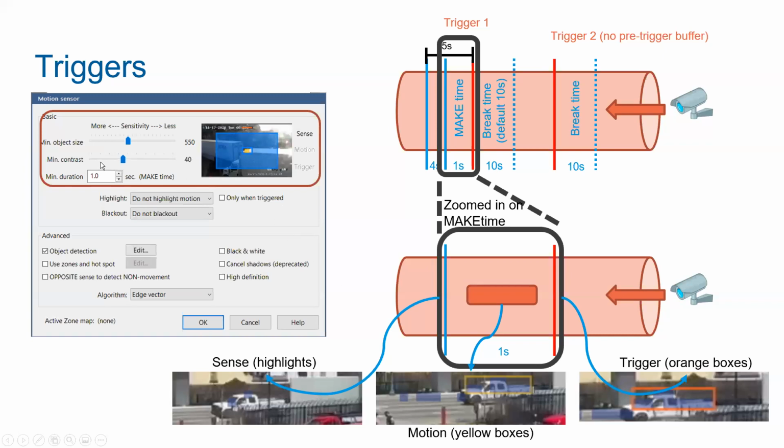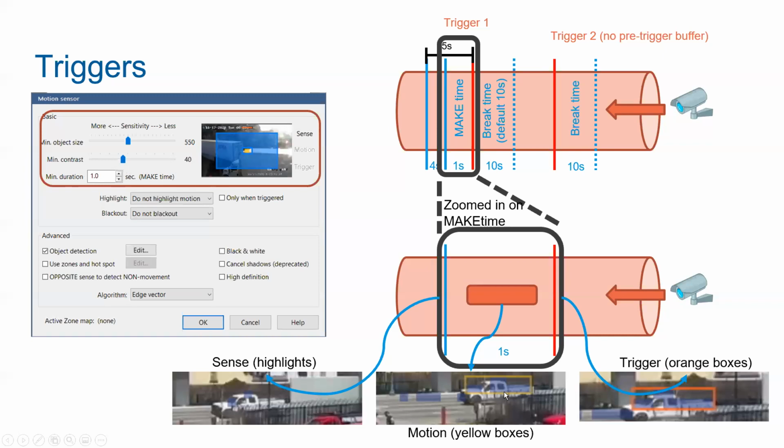Based off of that setting, how small or big you make the minimum object size is when Blue Iris decides there's enough here to identify an object. This is the sense motion: there's enough pixel changes to identify an object, and that's in yellow.